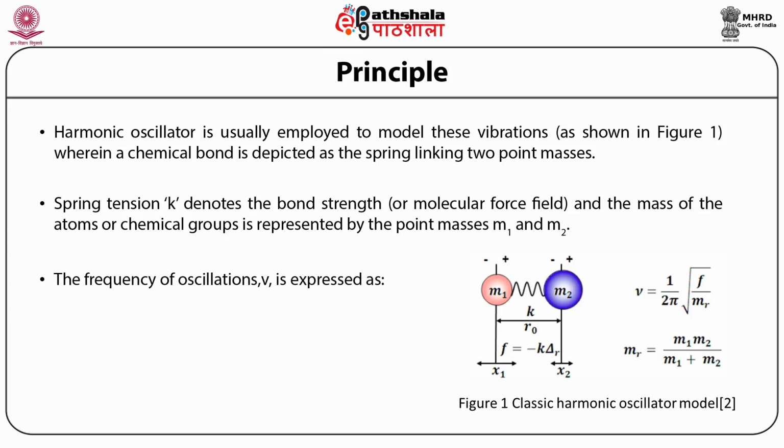The frequency of oscillations nu is expressed as nu equals 1 by 2 pi c multiplied by the square root of K into (m1 plus m2) by m1 m2.